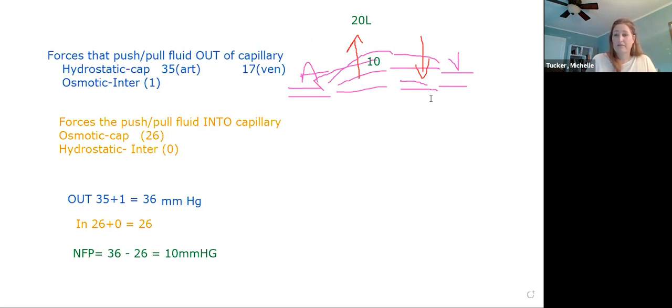Then on the venule side, we're going to do the same thing. The pressure out is now going to be that 17 plus 1, because the pressure has dropped as we've gone across the capillary bed. So now the pressure pushing fluid out is 18.